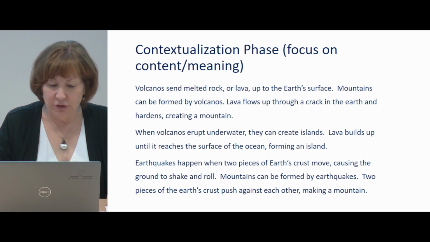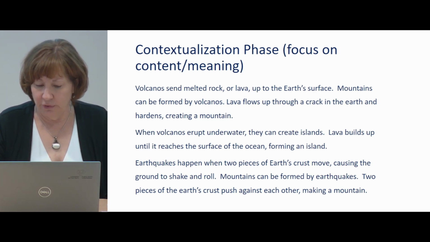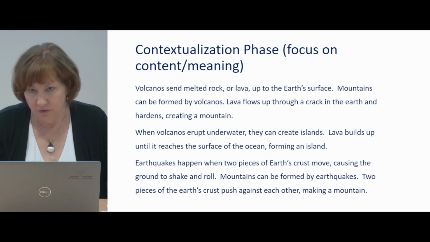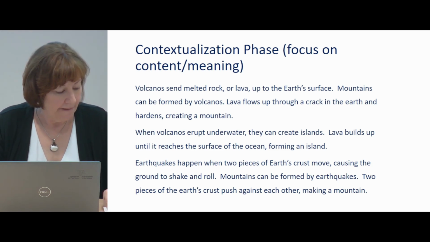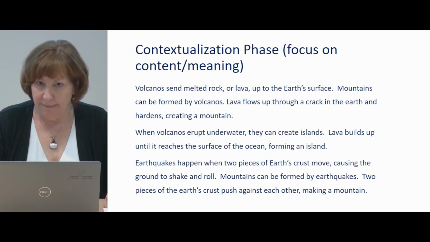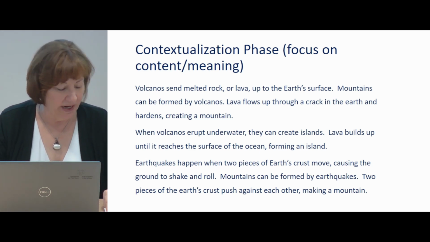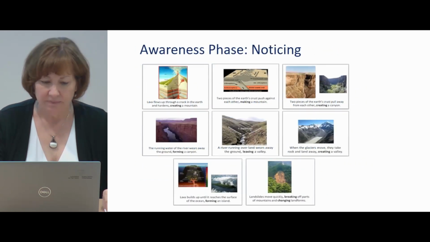Okay, and so you can see here, when volcanoes erupt underwater, they can create islands. Lava builds up until it reaches the surface of the ocean, forming an island. More instruction about landforms is going to take place before moving on to the next phase.